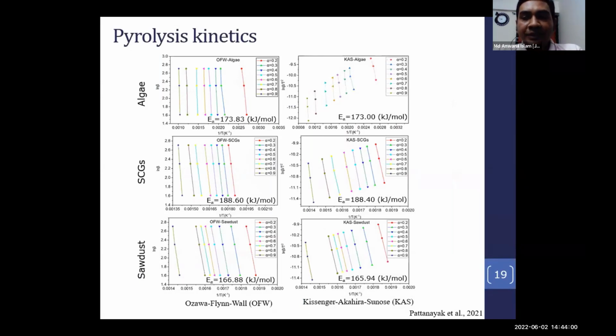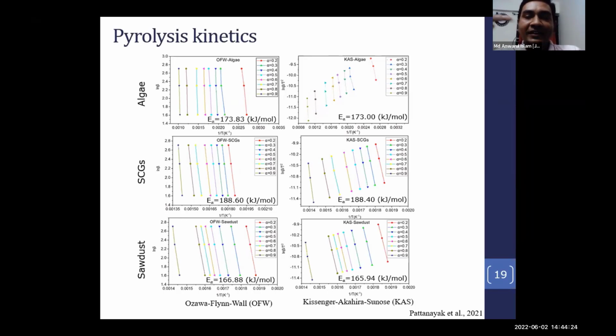Now, from the TGA and DTGA data, I used the OFW and KAS methods to estimate the activation energy, for algae, spent coffee grounds, and sawdust.